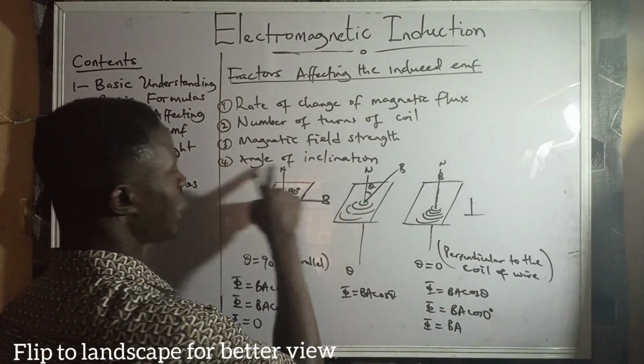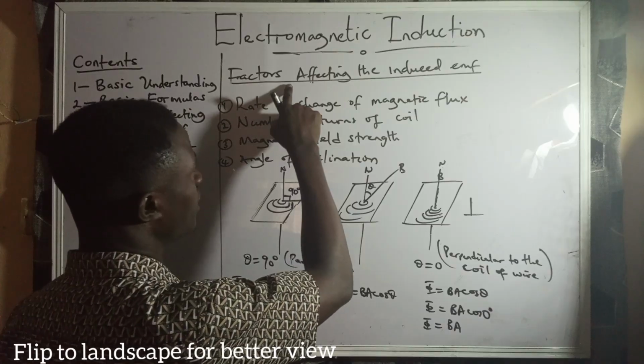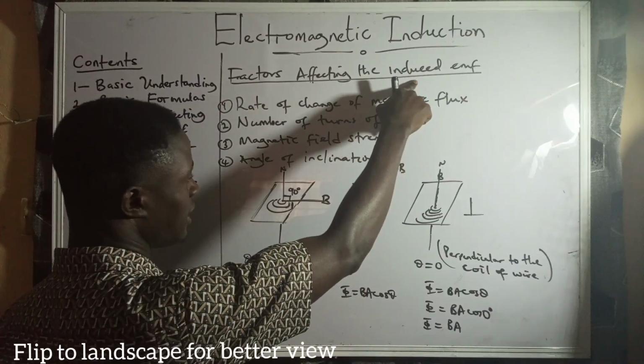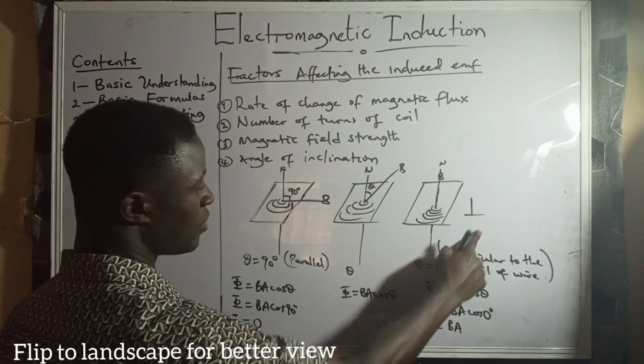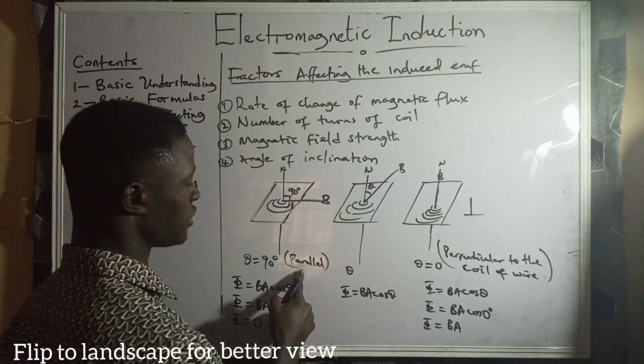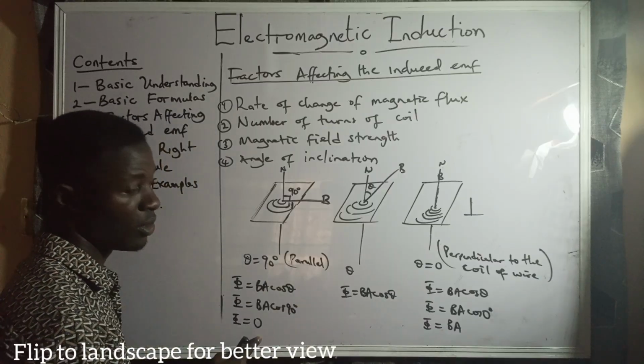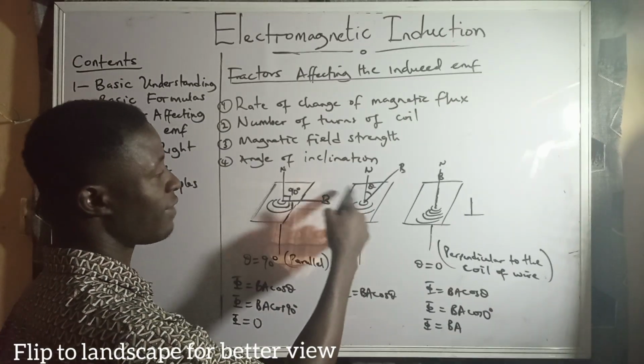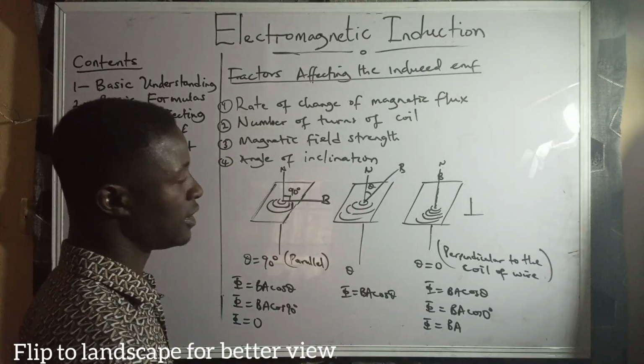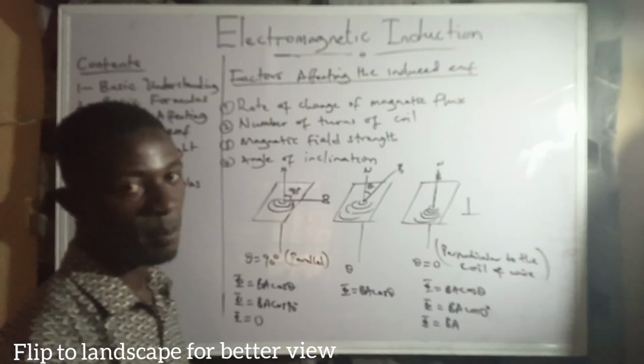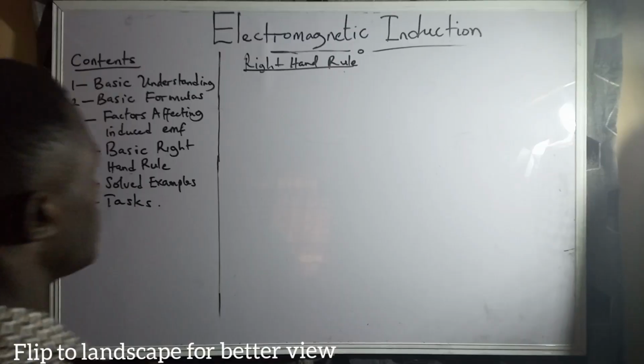So this angle of inclination affects the induced EMF in that when it is perpendicular, you have the greatest. When it is parallel, you have the lowest or almost 0. Then if you have any angle in between 0 and 90 degrees, you can always calculate the magnetic flux.